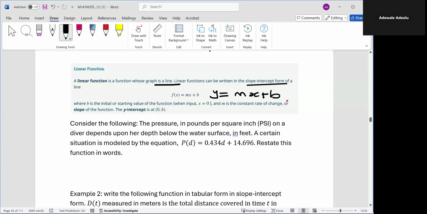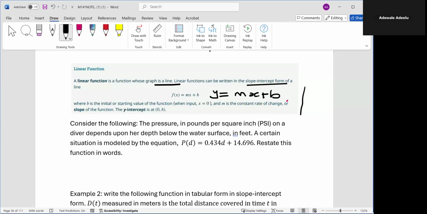Well, we do know that y is the output, m is the slope, x is the input, or what we call the independent variable. b is the y-intercept.